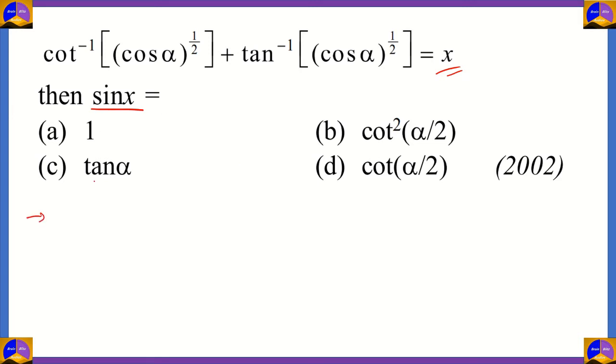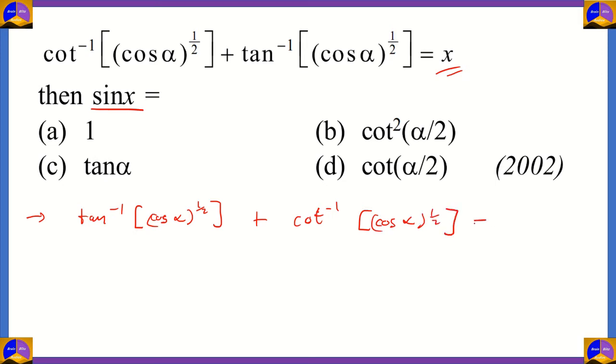In this expression, we can apply the formula tan inverse of theta, which in this case is cos alpha raised to 1 by 2, plus cot inverse of the same theta, which is cos alpha raised to half, equals 90 degrees or pi by 2.